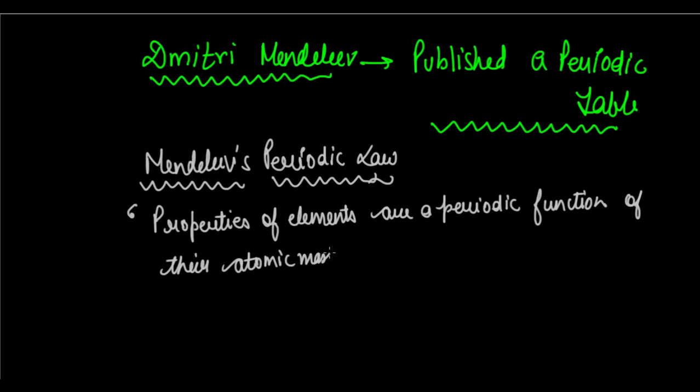Now, I hope you understand this law. Basically, it means to say that the properties of all elements are a periodic function of their atomic masses. That is, they keep repeating. They are repetitive with respect to the atomic mass, right? They occur in a cyclic form, repeating form with respect to their atomic mass. This is called Mendeleev's periodic law.